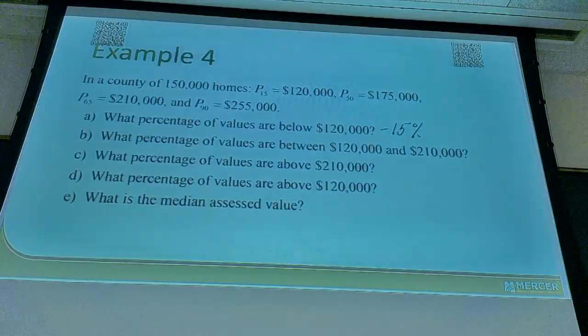Well, if we know that 65% is less than 210, and 15% is less than 120, it should be the difference, right? Kind of works like a simple area problem. 65 minus 15 is 50%.